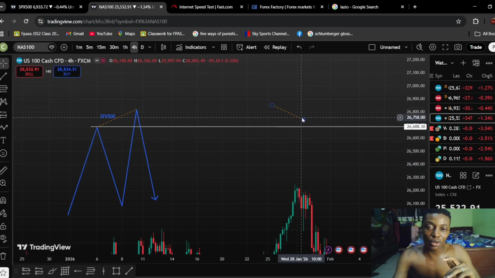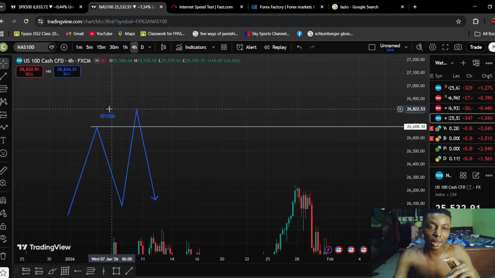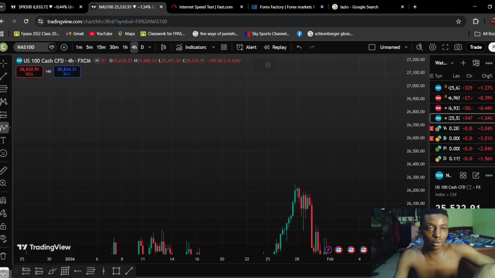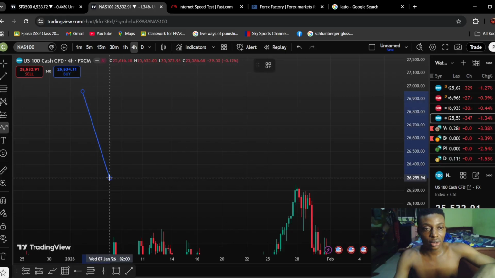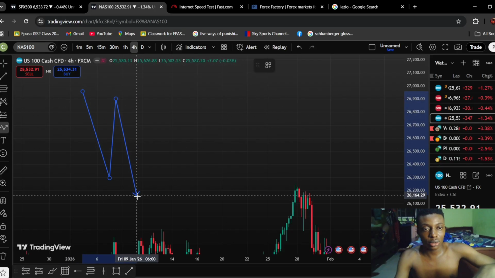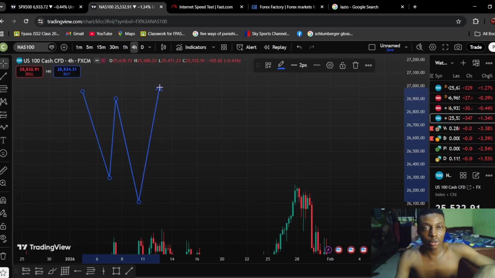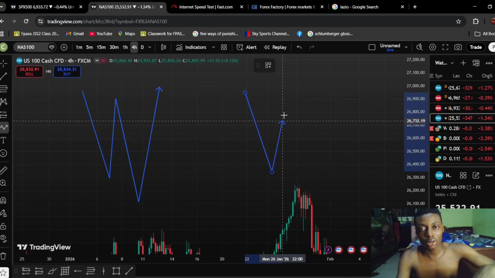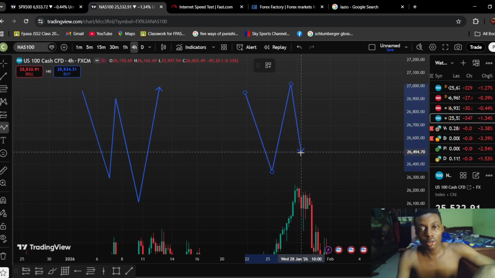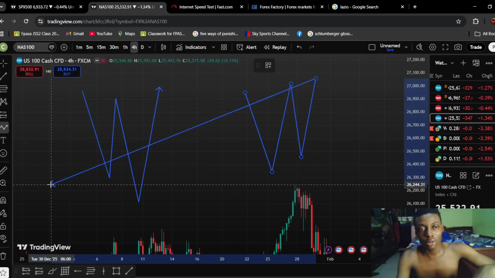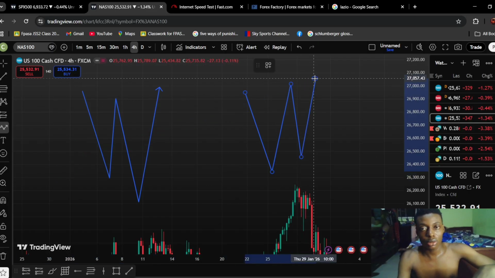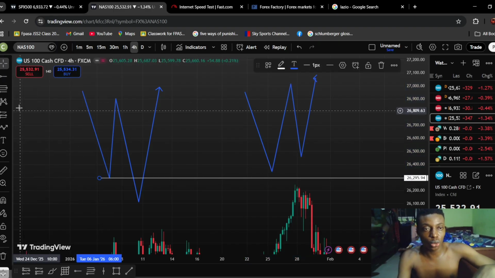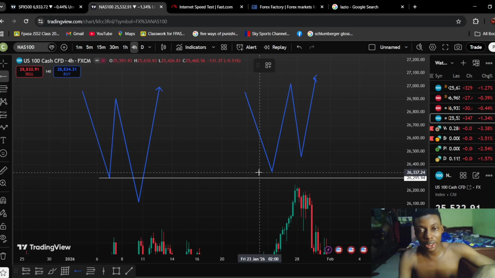Now let me draw a bullish SMT for you guys. We have something like this, and something like this. We ended up sweeping this low, and we didn't sweep this low here.